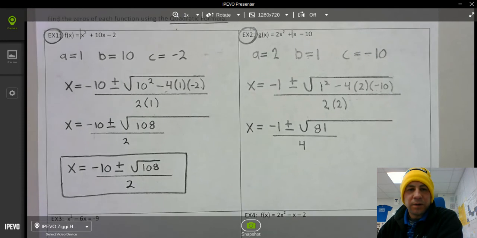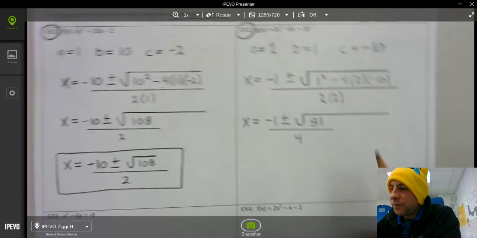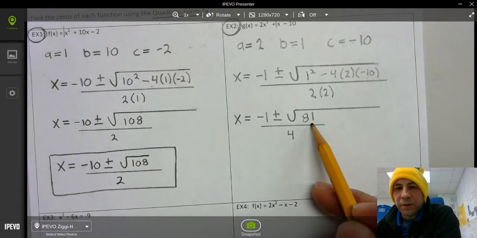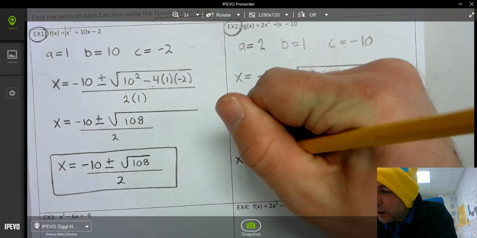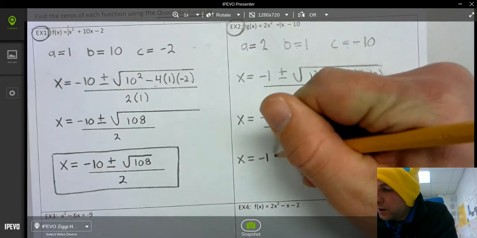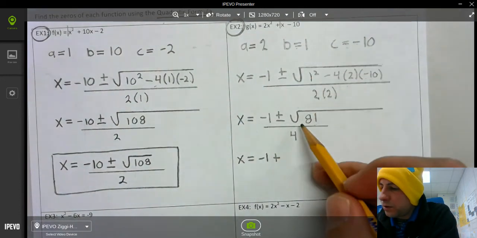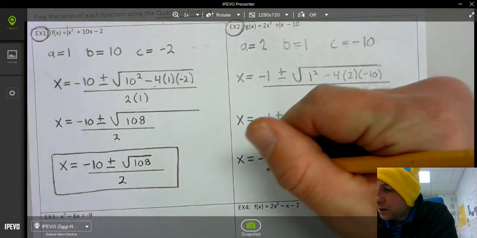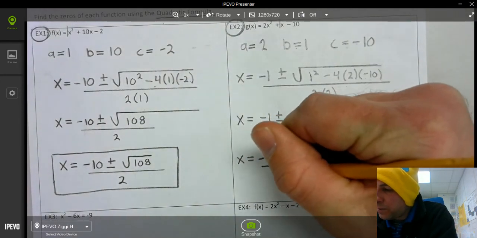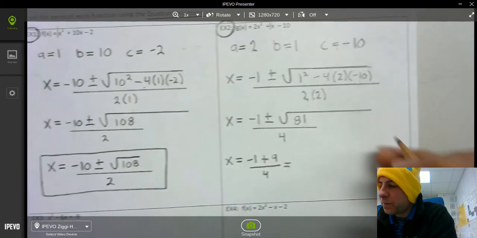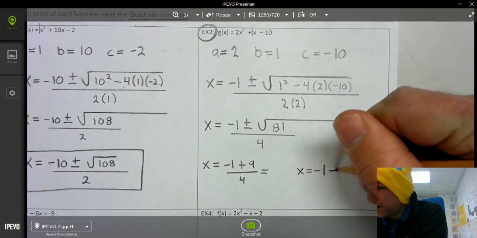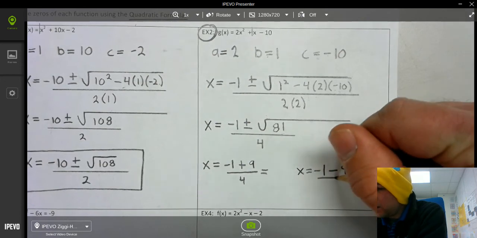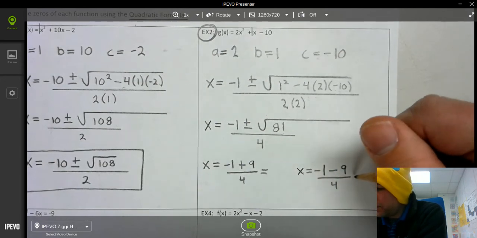Now, because this is going to work out to be the square root of 81, which is 9, we're going to separate our answers like this. So x equals negative 1 plus the square root of 81, which is 9, divided by 4. And x equals negative 1 minus 9, divided by 4.